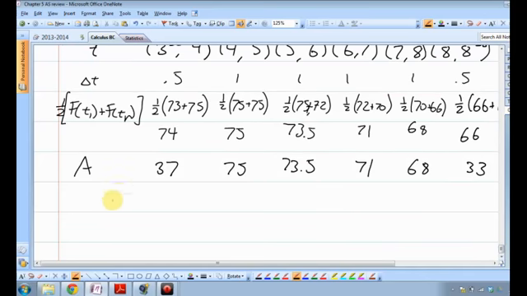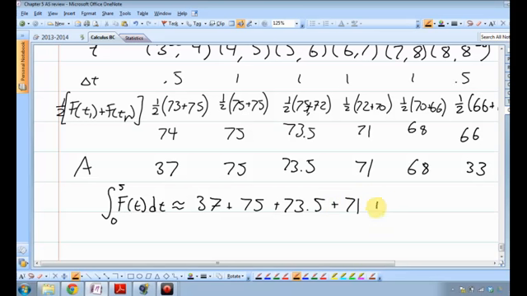And so my integral from 0 to 5 of f(t) dt can be approximated with 37 plus 75 plus 73.5 plus 71 plus 68 plus 33, and that's approximately 357.5. So that's that.